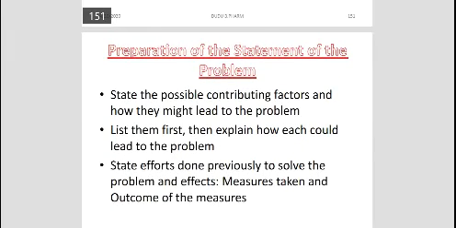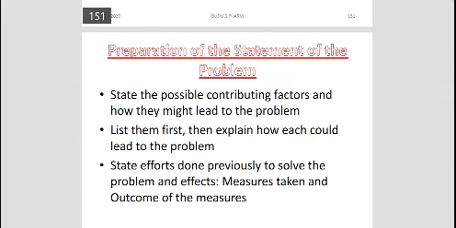Let's see this general concept in preparation of the statement of the problem. We say state the possible contributing factors and how they might lead to the problem. For example, you have seen a problem somewhere and you don't know what the causes of that problem are.